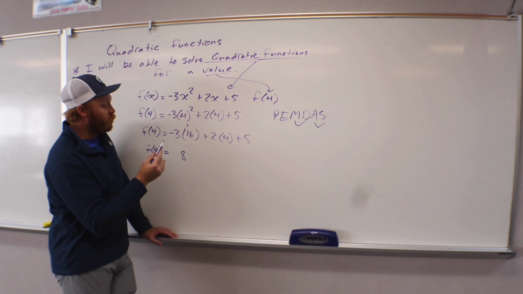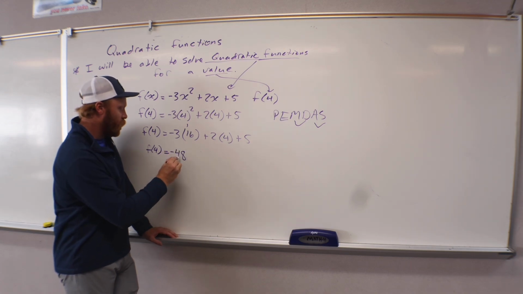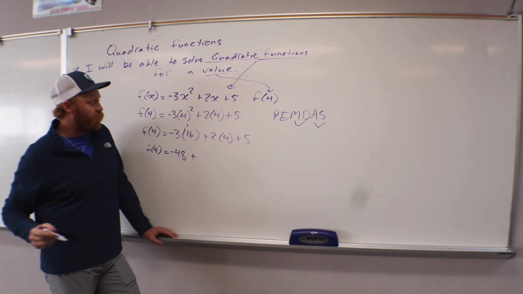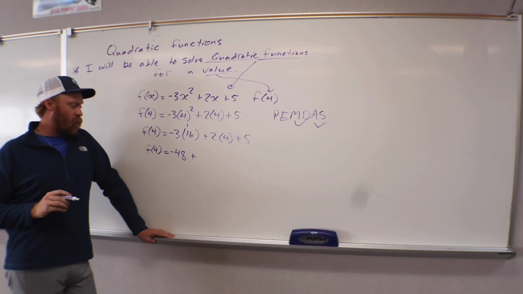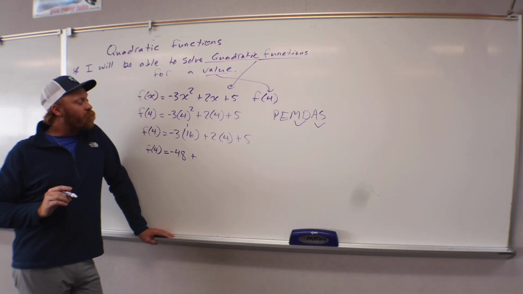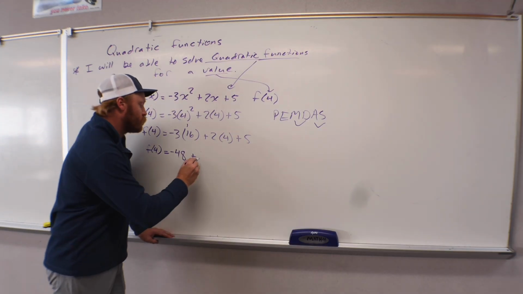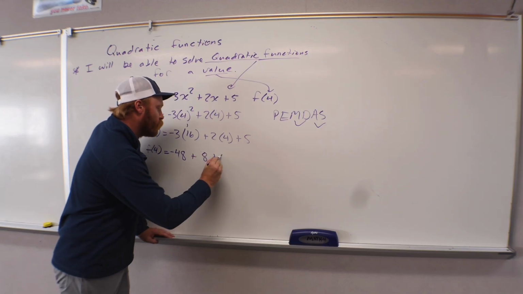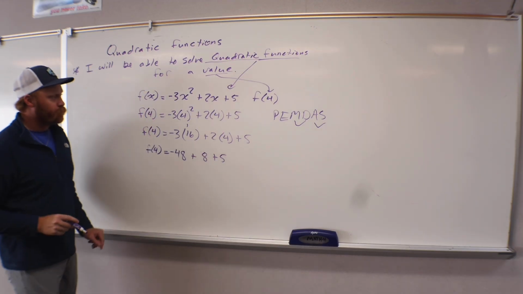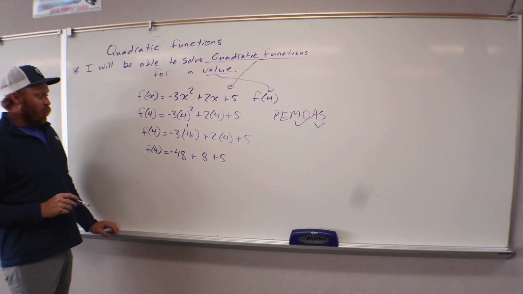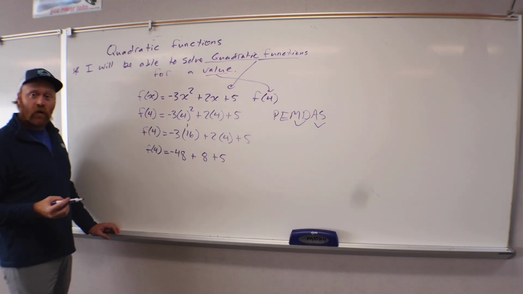Negative 3 times the 1 is 3, plus the 1 is negative 48. Two different ways of thinking about that multiplication to be able to do it in your head, maybe a little bit faster. 2 times 4, that's going to be 8 plus 5. There we go. We got the tough stuff done.